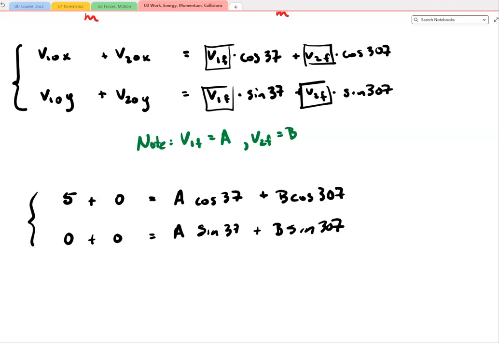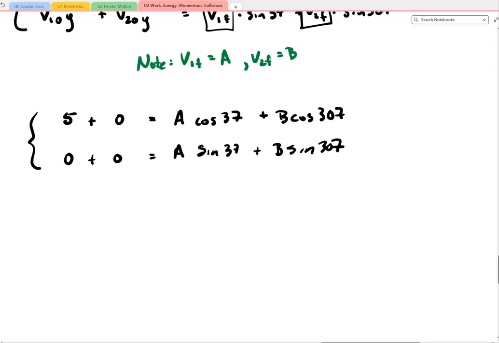Now, hopefully at this point, you're starting to see how this procedure is remarkably similar to some of the work that we were doing in Unit 1, how we were isolating variables and solving for resultant vectors. We'll just go ahead and set this up and then use our calculator to solve it.